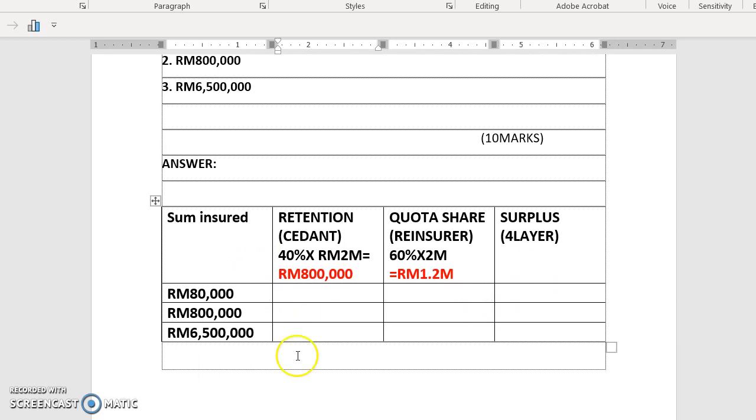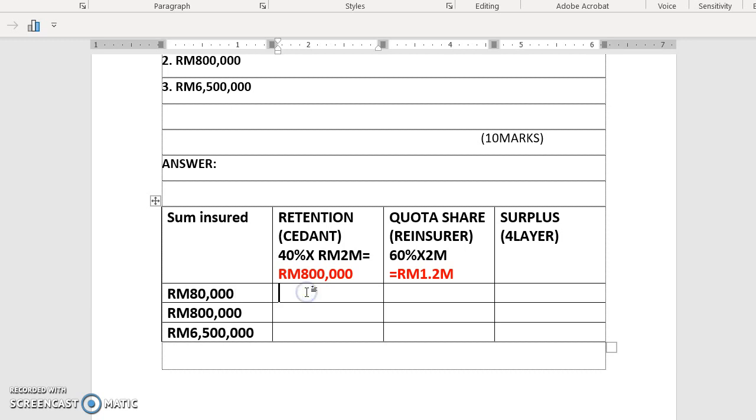So for now we will calculate first for the first sum insured, which is 80,000 ringgit. Based on the percentage of 40% paid by the ceding company, once the sum insured is 80,000 ringgit, they just have to pay 40%.